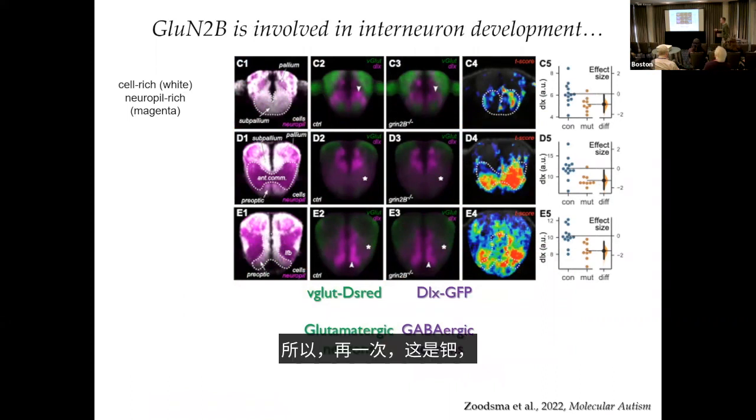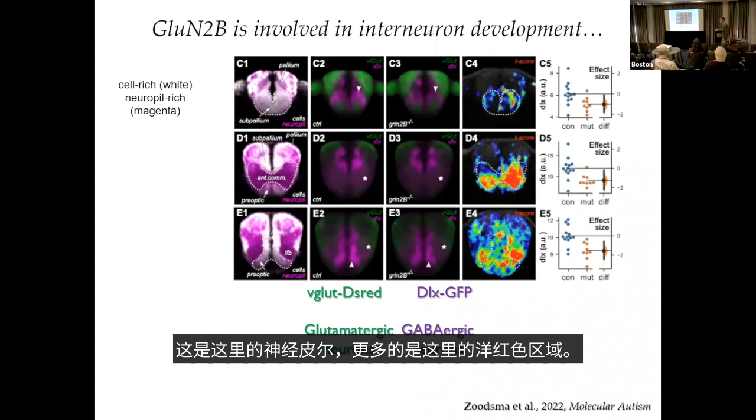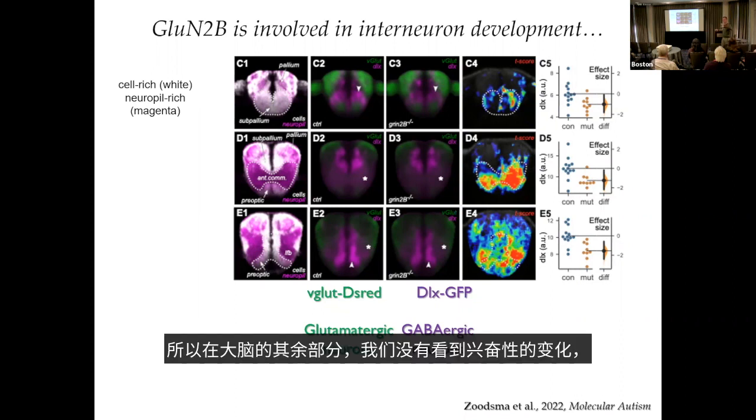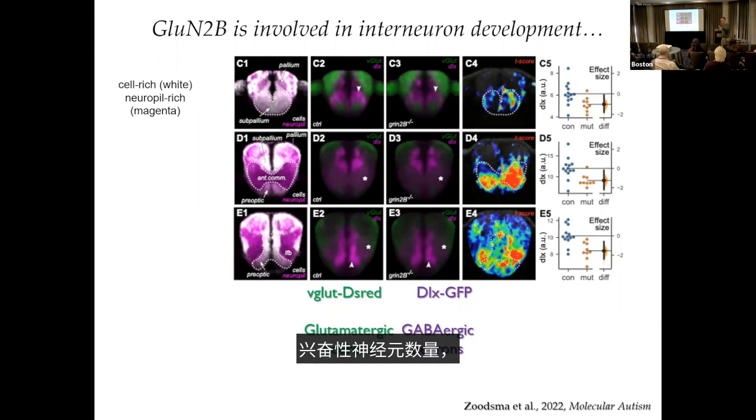Here's the subpallium, and here's the preoptic area, two critical areas. In both of these areas we see a dramatic reduction in the DLX. In the rest of the brain, we see no change in the number of excitatory neurons, but we see this reduction here.